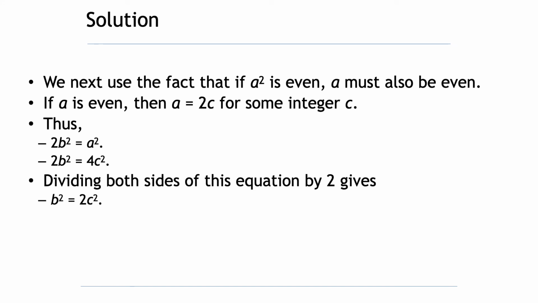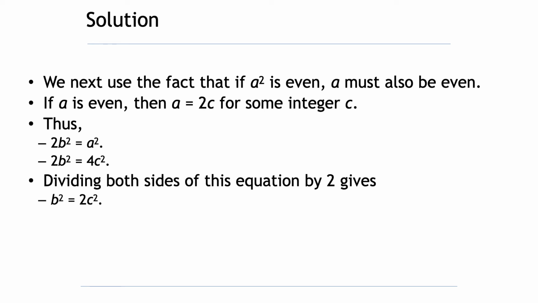So next, we use the fact that a squared is even, so a must also be even. If a is even, then a is equal to 2c for some integer c. Thus, 2b squared equal to a squared, we can transform that into 2b squared equal to 4c squared.